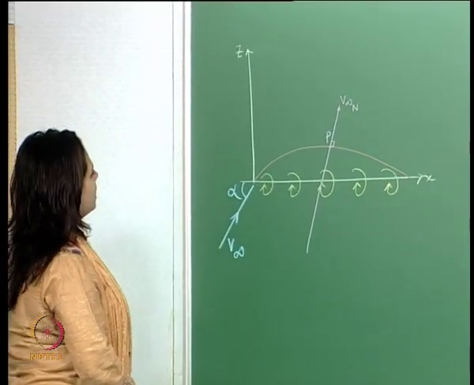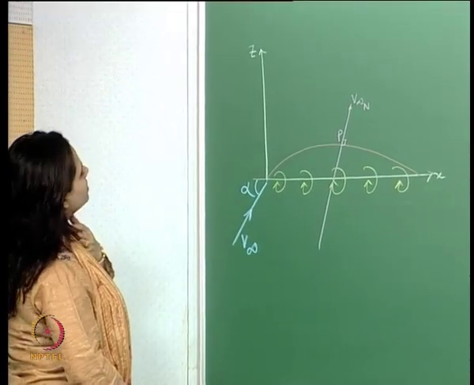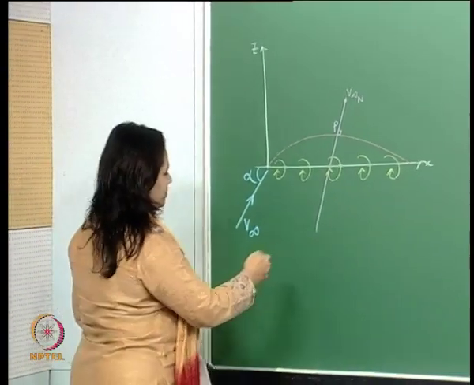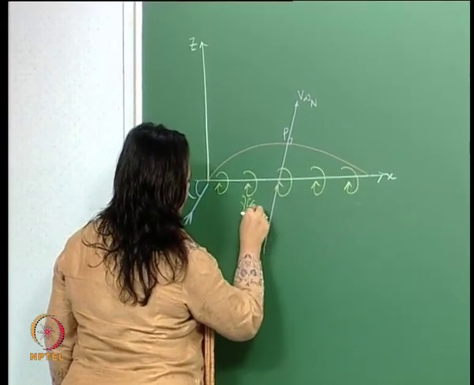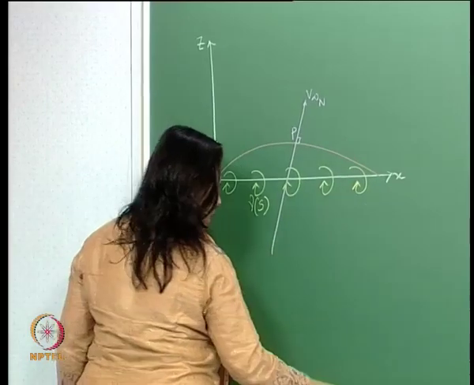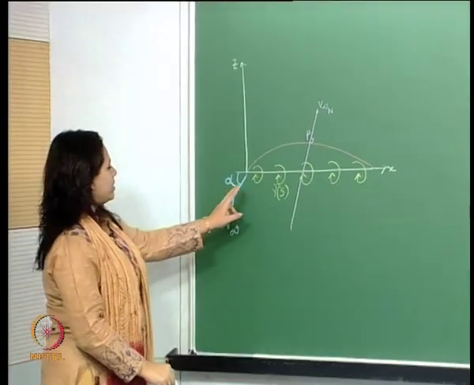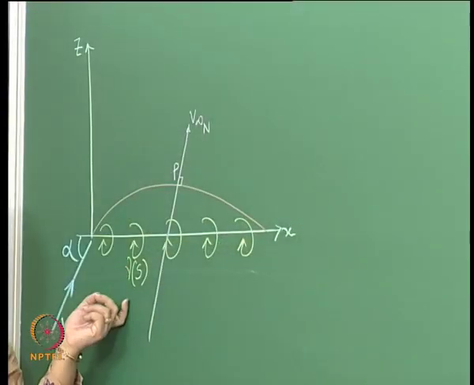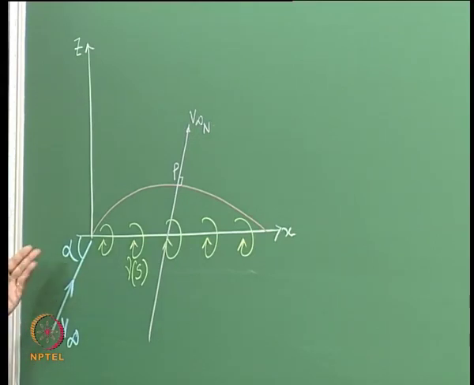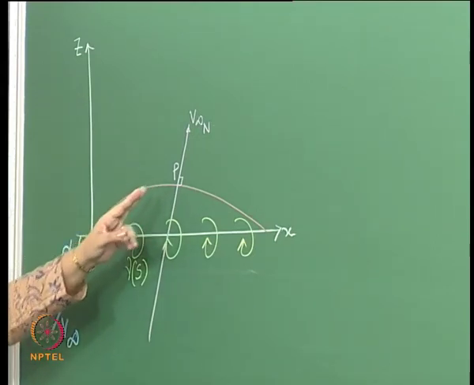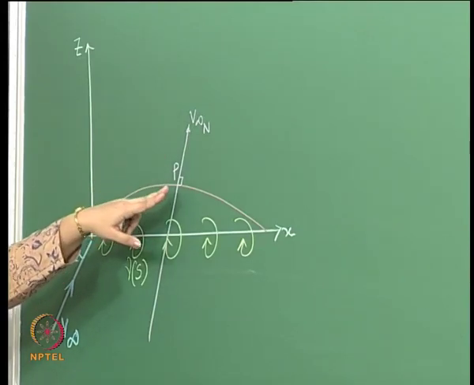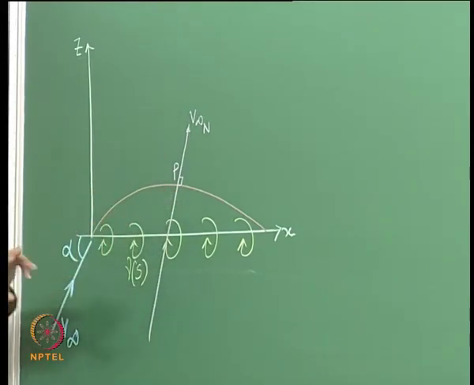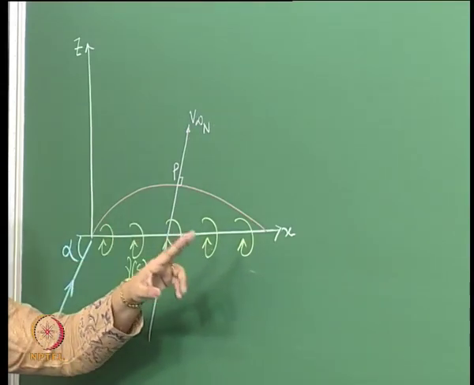So essentially for a thin airfoil, we need to find an expression for this such that we still satisfy the boundary condition on the camber line, and here the camber line is still the streamline.